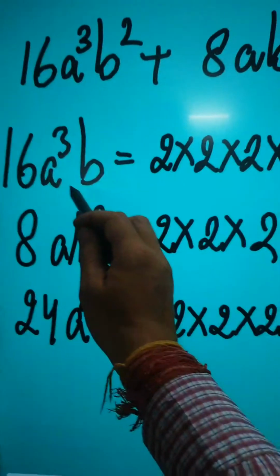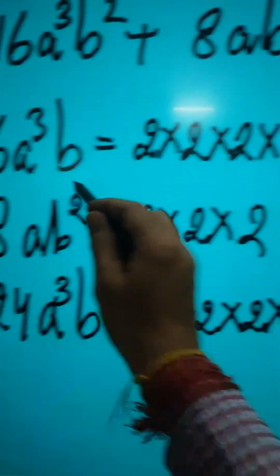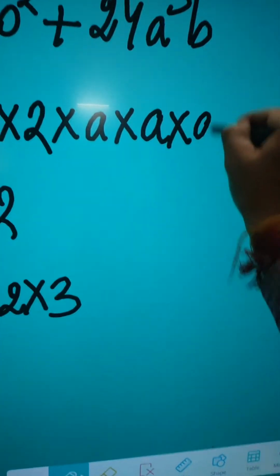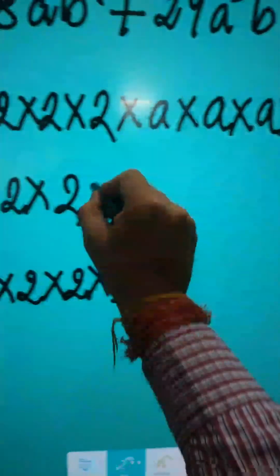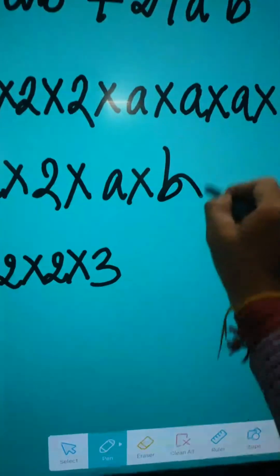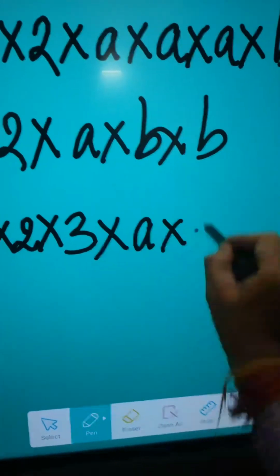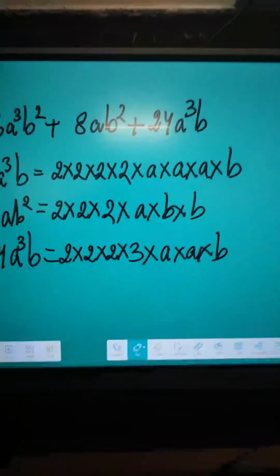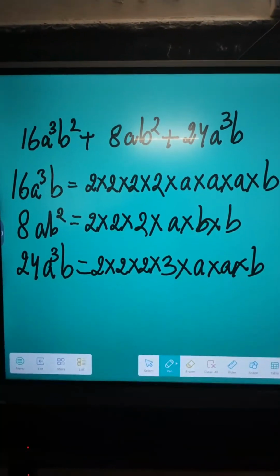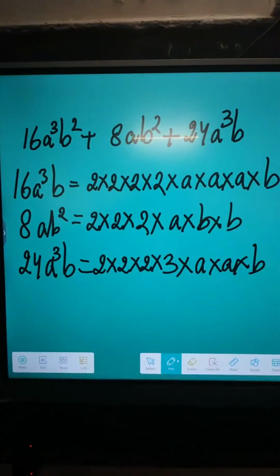Now we will write the variables also. a multiplied a into a, and b also. Then this is a, so I will write a into b, multiplied by a 3 times, so a into b. Now this is the breaking of the number into prime factors.